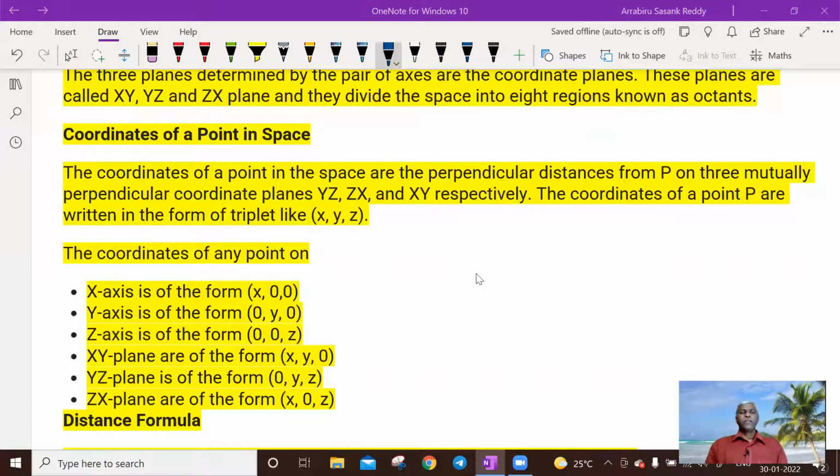But in the 3-dimensional coordinate system, a point is represented by a triplet x, y, z, where x is the x coordinate, y is the y coordinate, z is the z coordinate. So with a triplet, we represent a point in the 3-dimensional system.